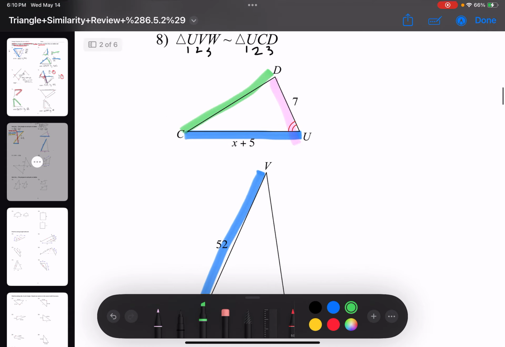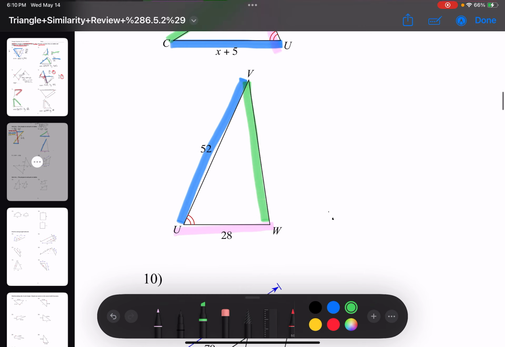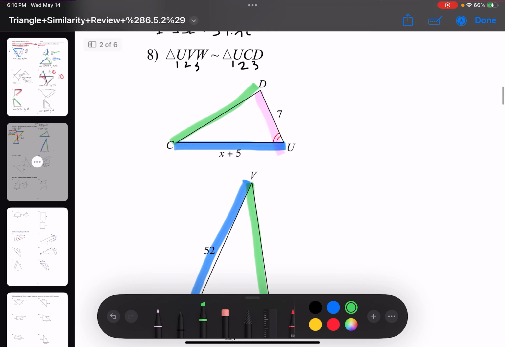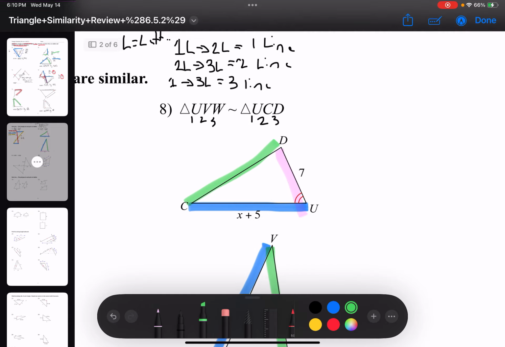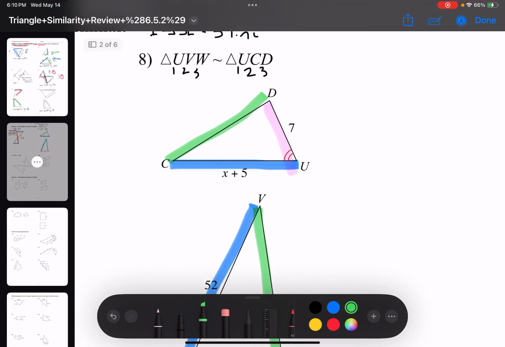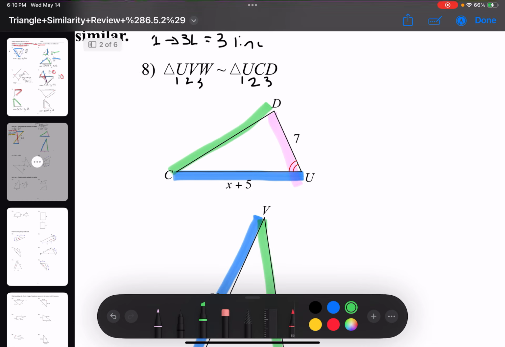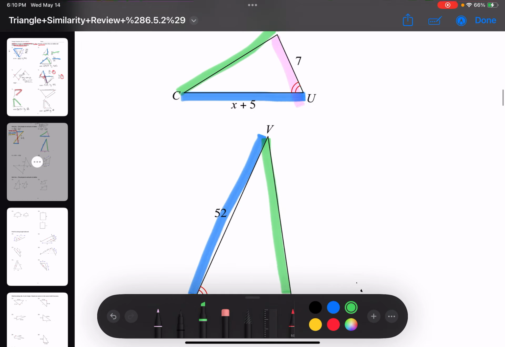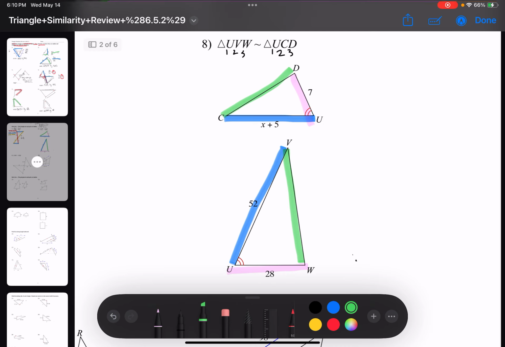Anyways, so this one's kind of obvious. The second letter to the third letter. V to W. Boom. C to D. Boom. Okay, so now we're going to put all the numbers that are the same color into fraction form.